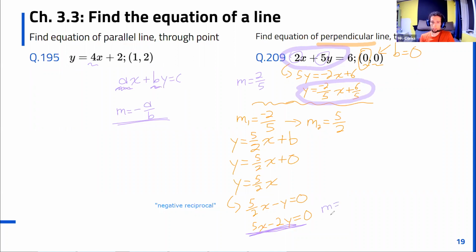Reading it, we have a, which is 5, and b, which is negative 2, and then that whole thing negative. So that's 5 over 2, and that's what we found here, 5 over 2. So we don't always have to convert to slope-intercept form to see the slope. If we remember negative a over b, we can just see the slope there as well.